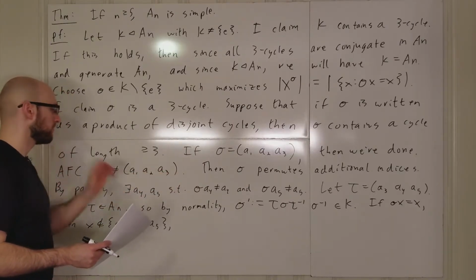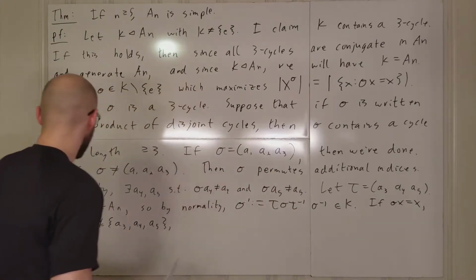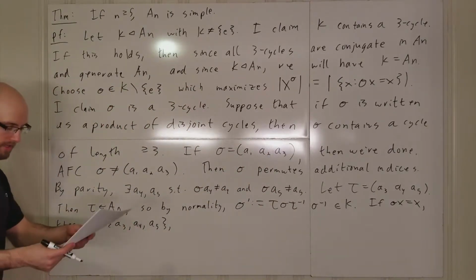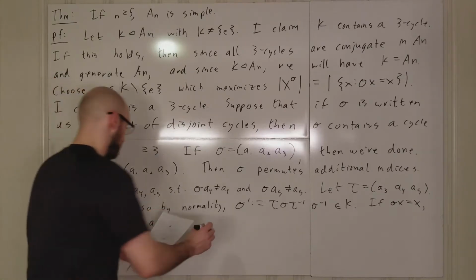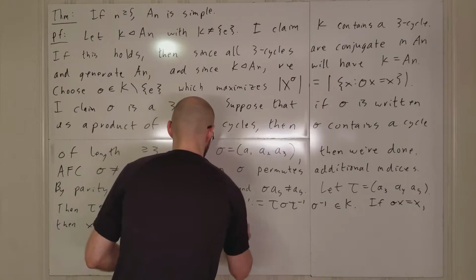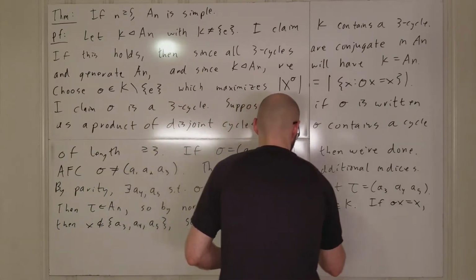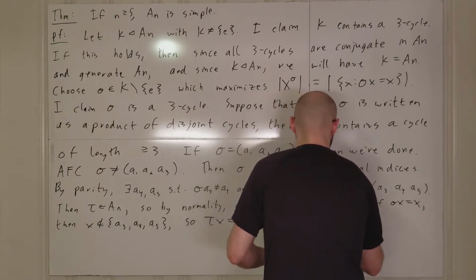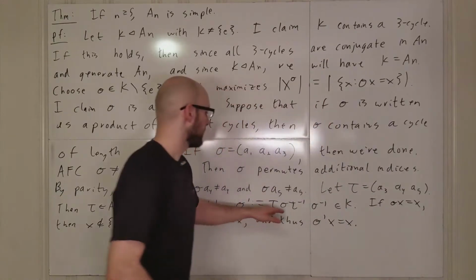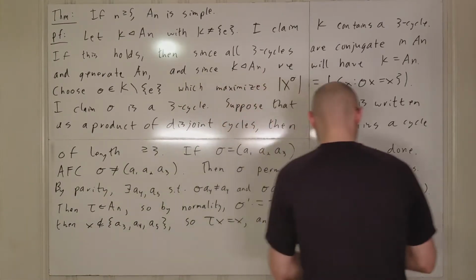And of course, by choice, sigma moves A4 and A5. So x cannot be one of these three indices, and so tau fixes x as well. And thus sigma prime of x equals x, because none of tau, sigma, tau inverse, sigma inverse move x.